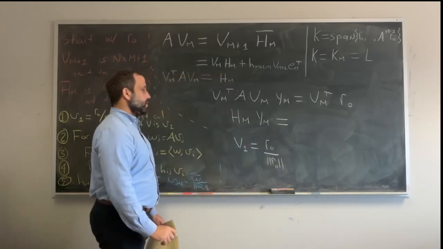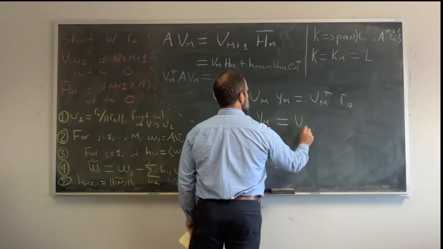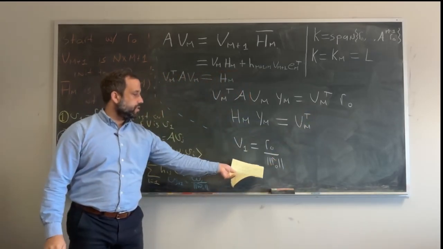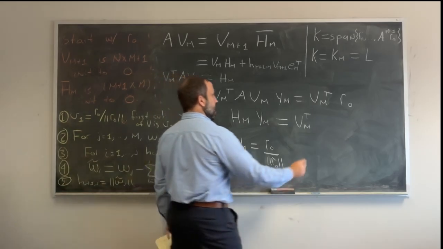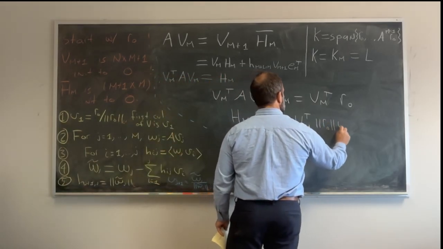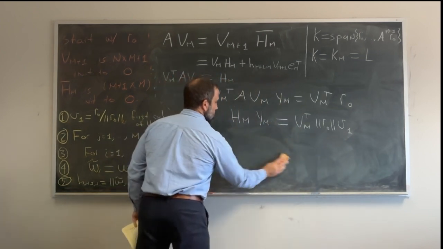Or another way to write this is we have Vm transpose R naught is simply V1 times the magnitude of R naught. So we're going to have the magnitude of R naught and then V1 here.